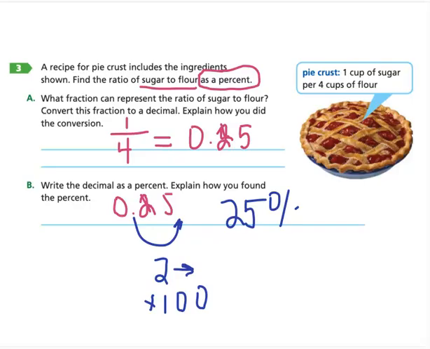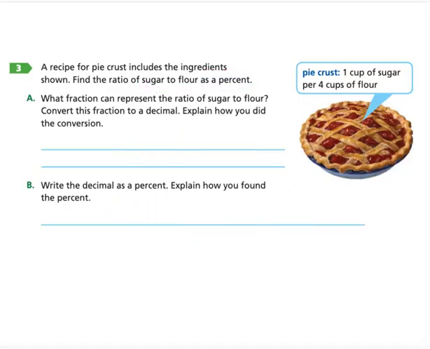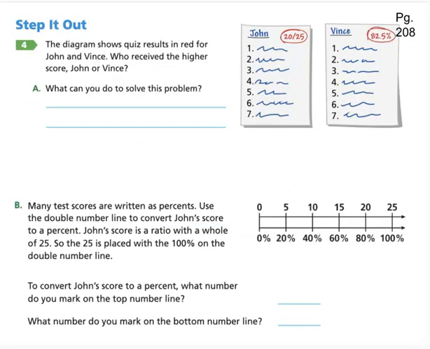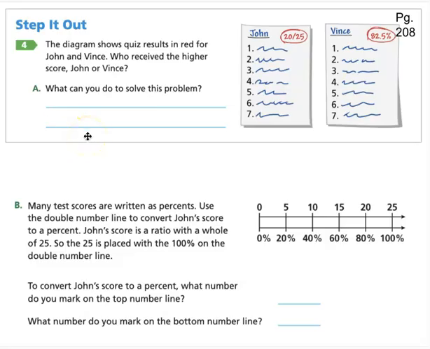Last example. So the diagram shows results in red. Who received the higher score?